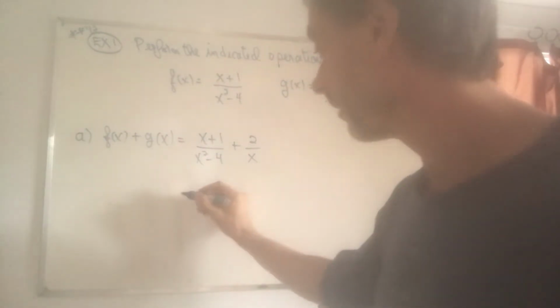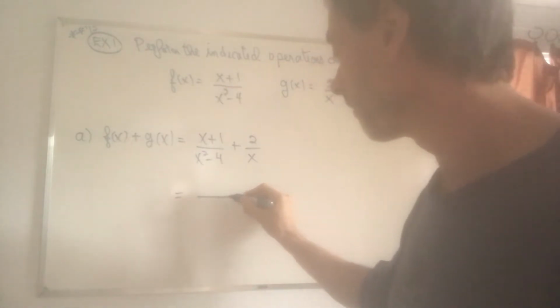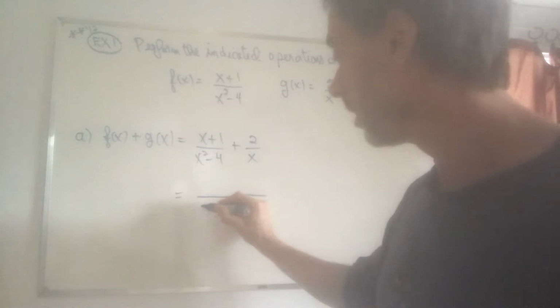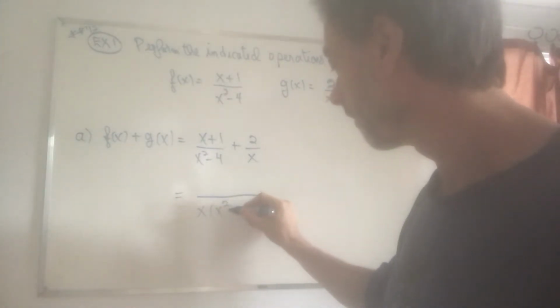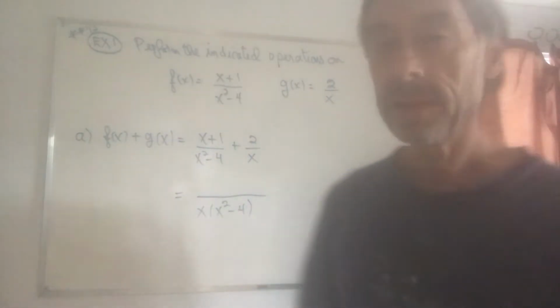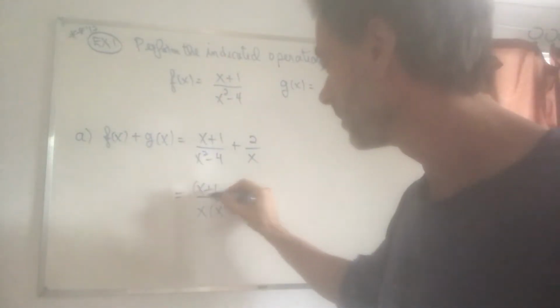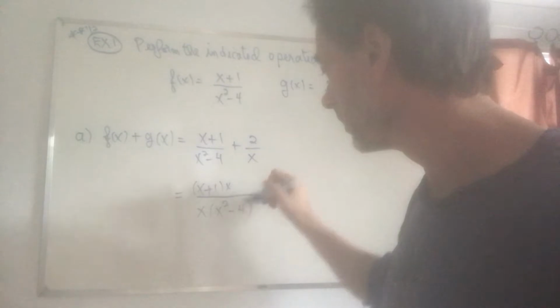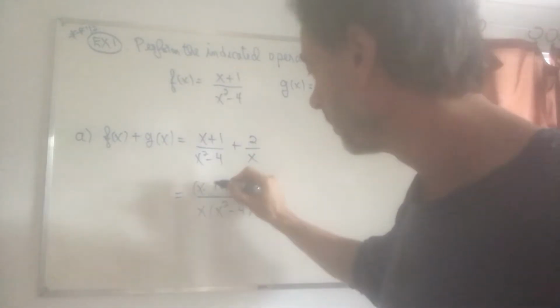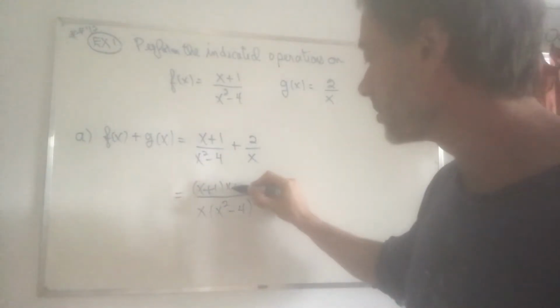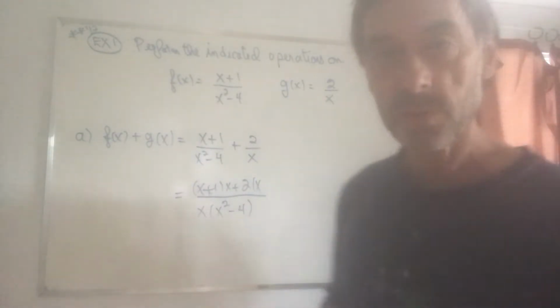Common denominator. So we shall have, what is the common denominator for these two fractions? We multiply them together, and then we crisscross. So x plus 1 times x, plus 2 times x squared minus 4.